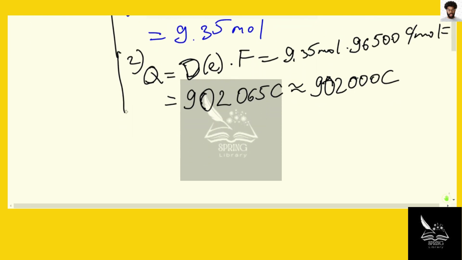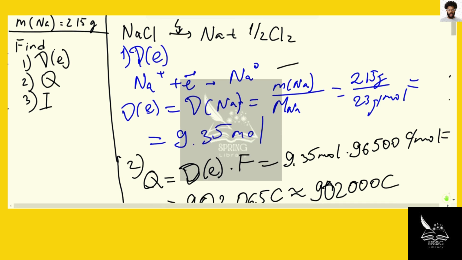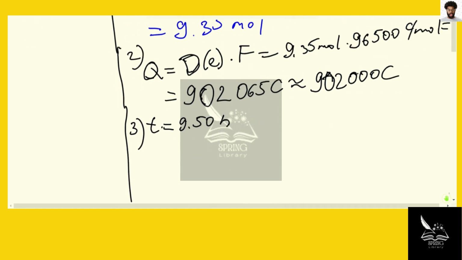So the last question is to find the current which passes through the system during 9.5 hours. So time equals 9.5 hours, and we need to find the current. Current equals charge divided by the time. And here we need to keep in mind that the charge has to be in coulombs and time has to be in seconds.